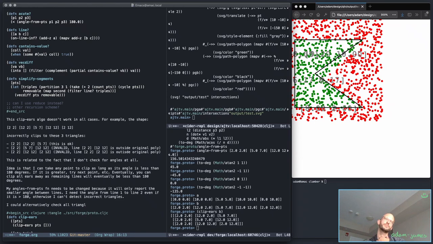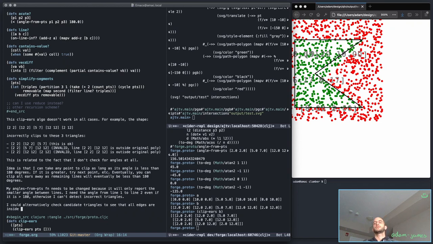No, check candidate triangles to see that all edges are inside. No, I can't do that because that's a circular reference.